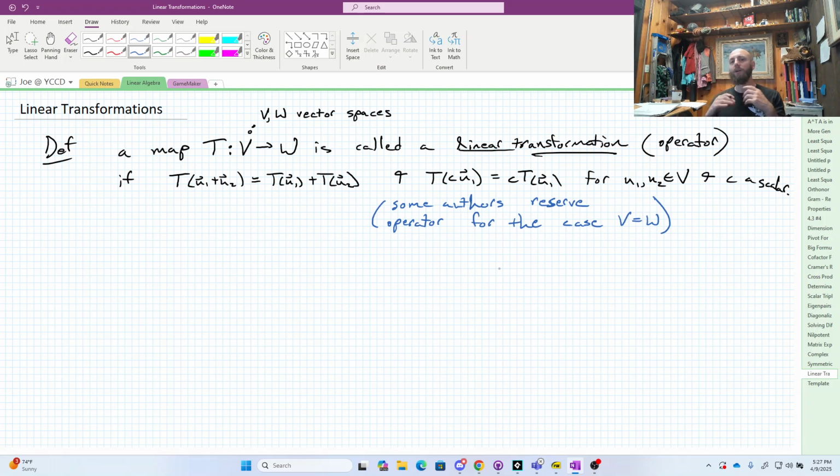And a linear operator is required to be like a square matrix, essentially. I don't find this distinction to be super useful, so I use the words transformation and operator interchangeably. Strang doesn't care. This is kind of up to you or the author of your textbook. But I just want to throw it out there that you may encounter a difference. You may encounter somebody who believes there's a strong difference between these two, and that's kind of fine.